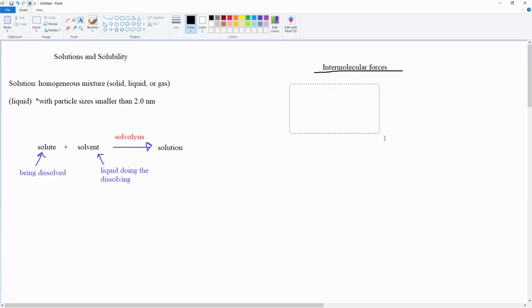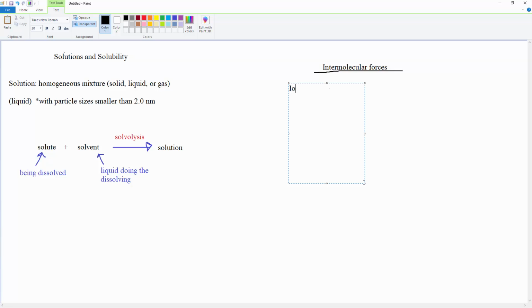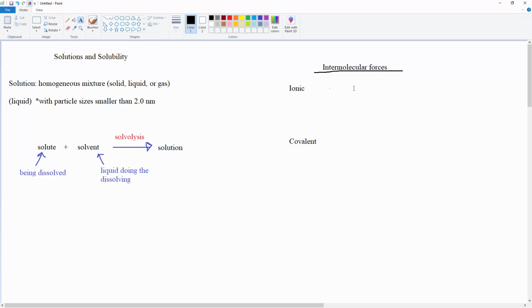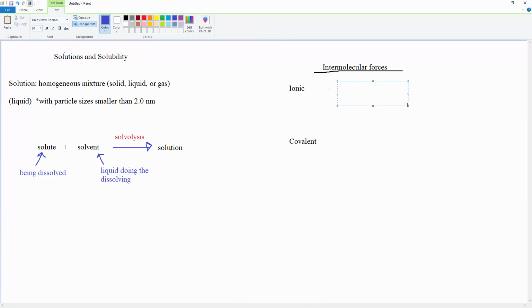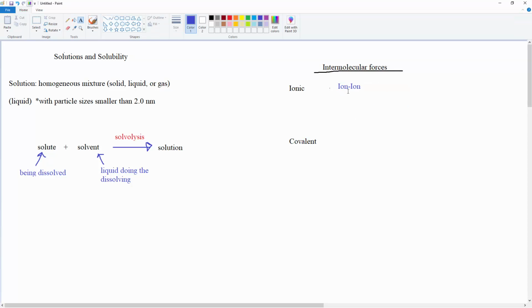But we said, look, we've got ionic type compounds and covalent type compounds, and ionic type compounds were subject specifically to ion-ion intermolecular forces. This is what keeps that molecule together, the attraction between the positive ion and the negative ion.